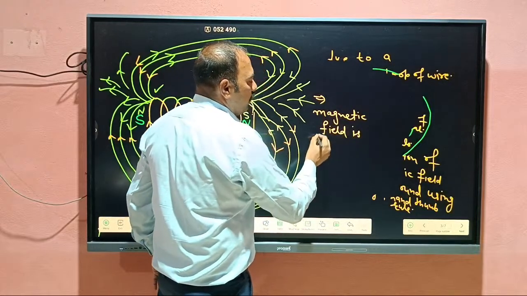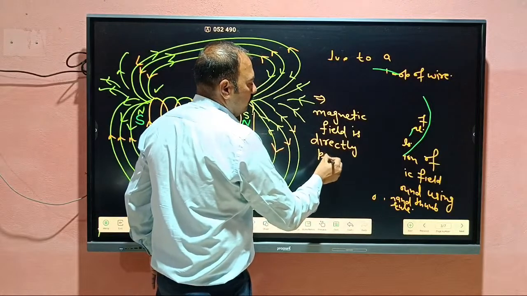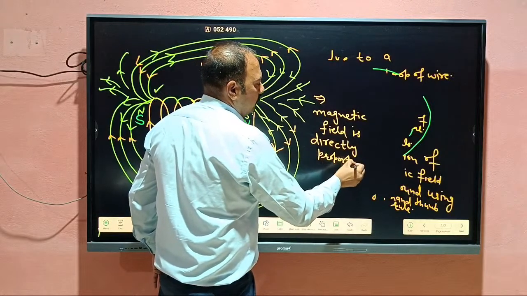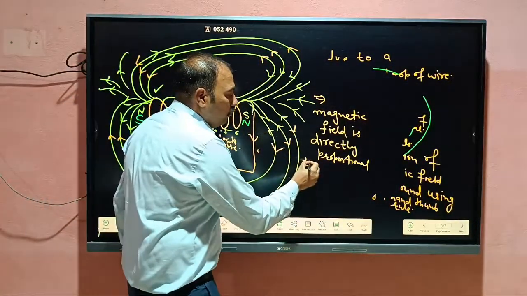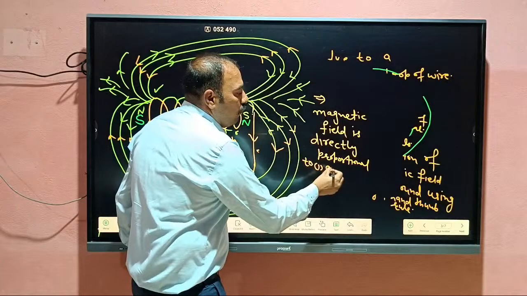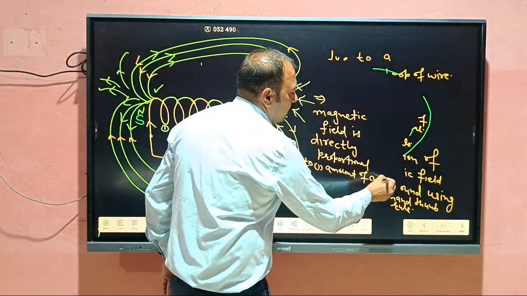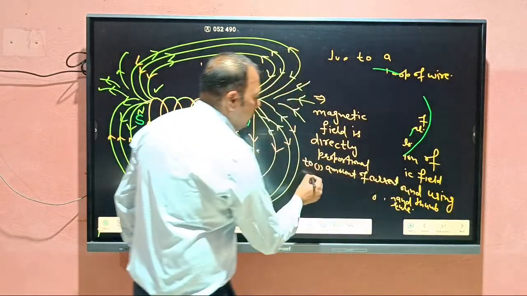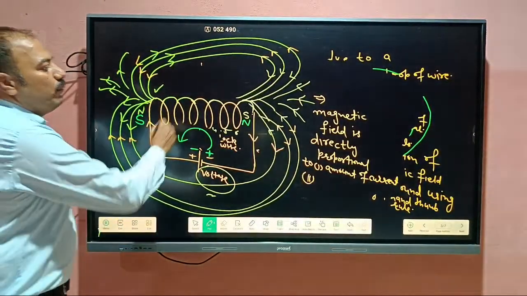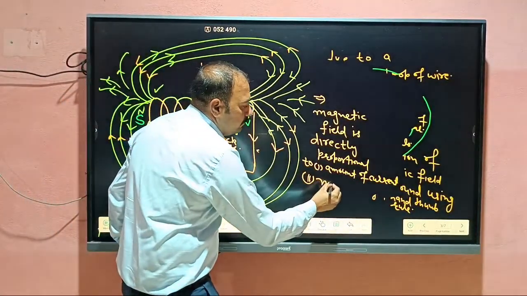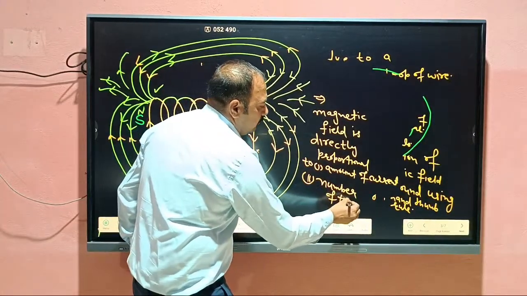So here basically the magnetic field is directly proportional, first, to the amount of current, and second, to the number of turns.